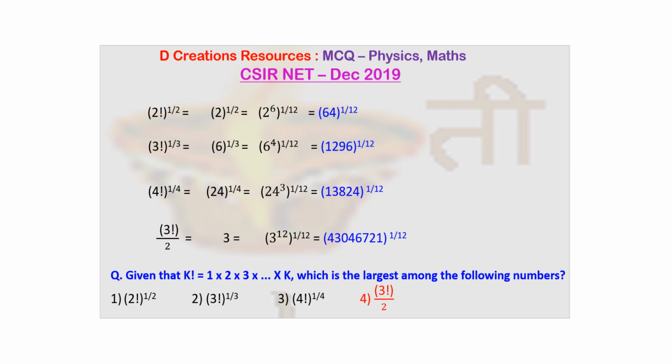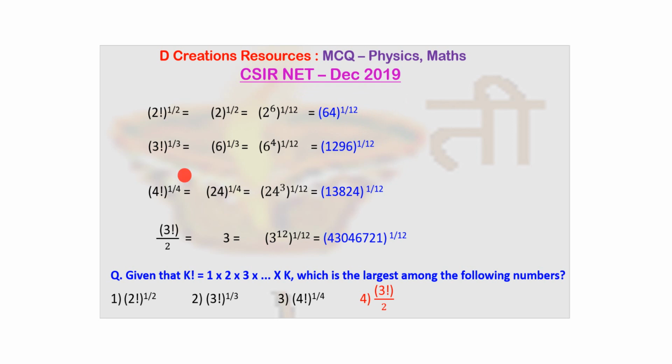So this number is 1296 raised to 1 by 12. So here itself you start seeing that this number is going to be greater than 64 raised to 1 by 12.